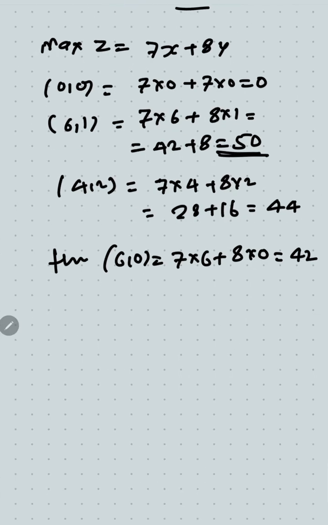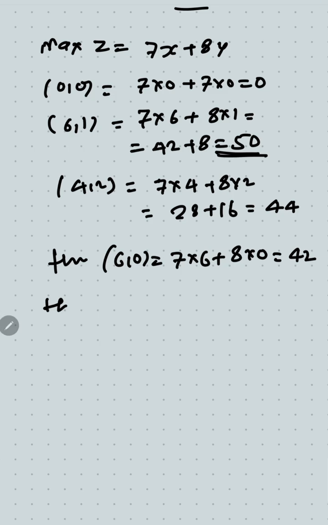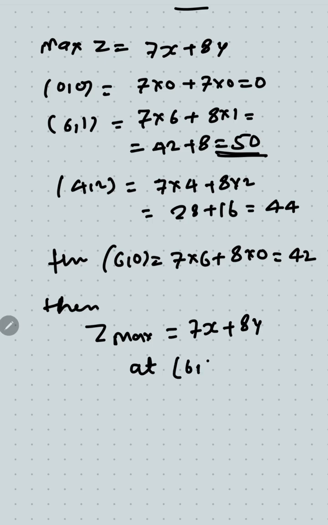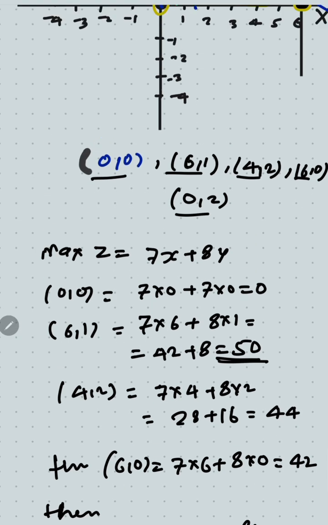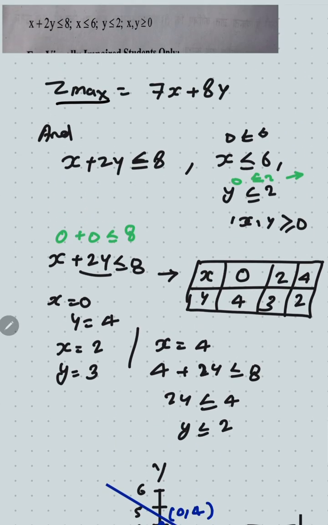Then the maximum value of z equals 7x plus 8y is at 6 1. That is the answer of this LPP problem.